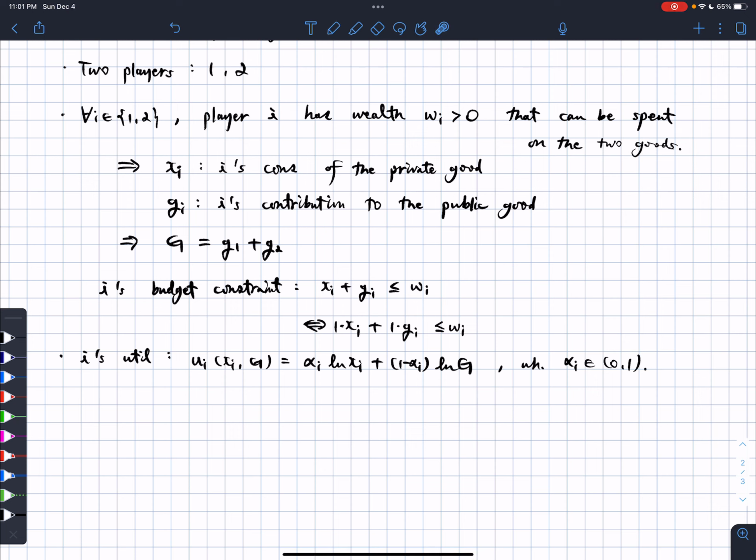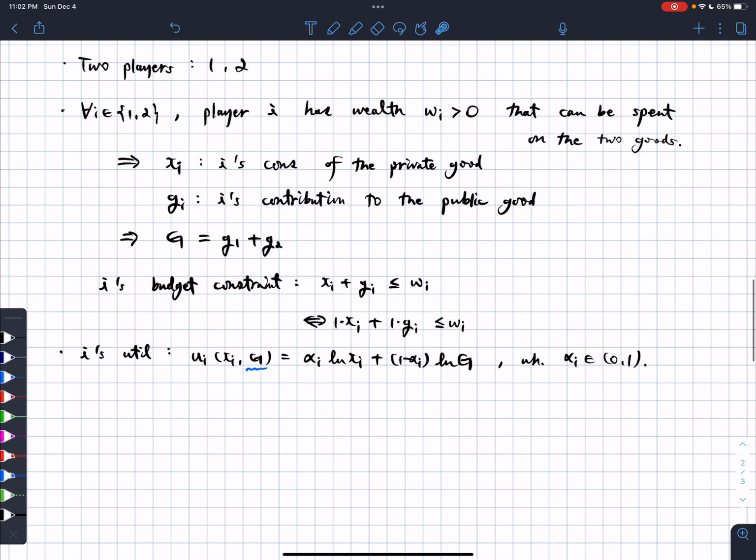Okay, so notice that in this utility function, it is big G rather than small g_i, right? And big G comes from not only player 1 but also player 2. So player 1's utility depends on his consumption of the private good, and the public good, big G, which depends also on the contribution by player 2, right? And then the functional form is the usual Cobb-Douglas one, okay?